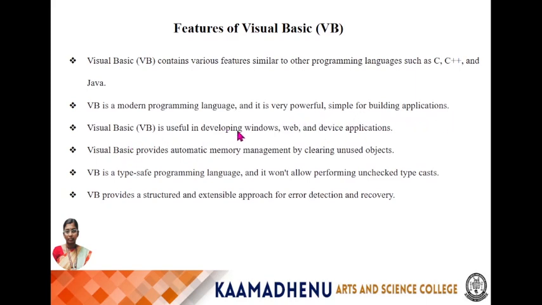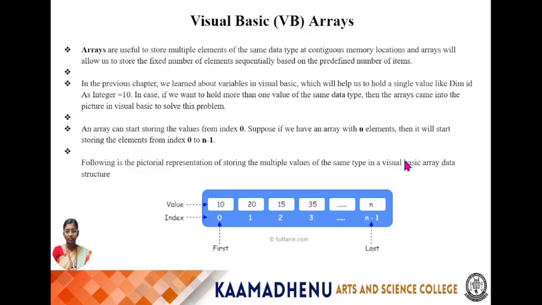VB is useful in developing Windows, web and device applications. VB provides automatic memory management by clearing unused objects. VB is a type-safe programming language and it won't allow performing unchecked typecasts. VB provides a structured and extensible approach for error detection and recovery.